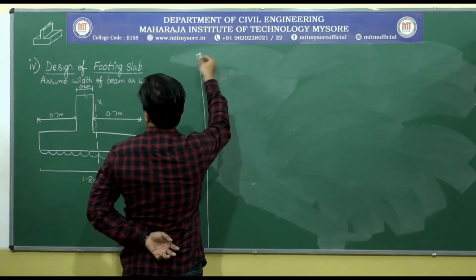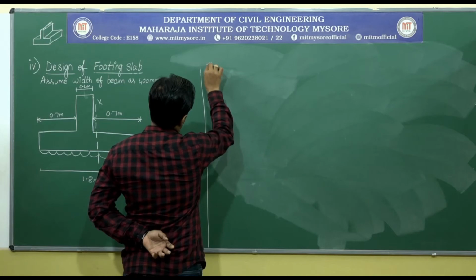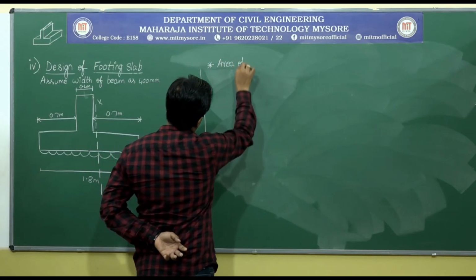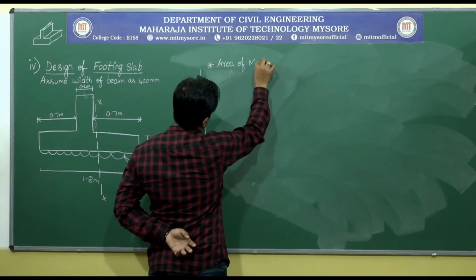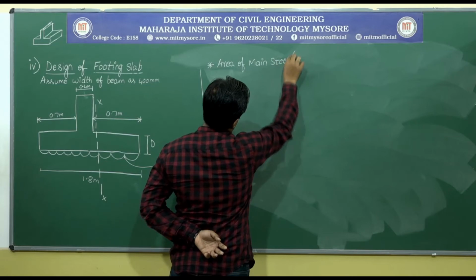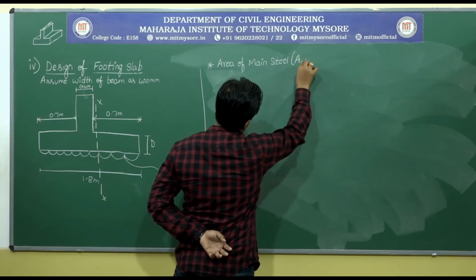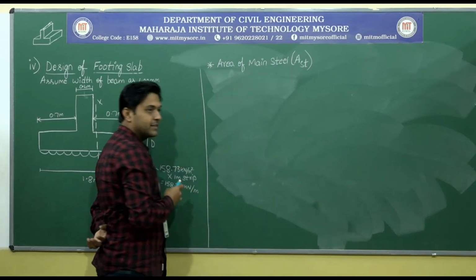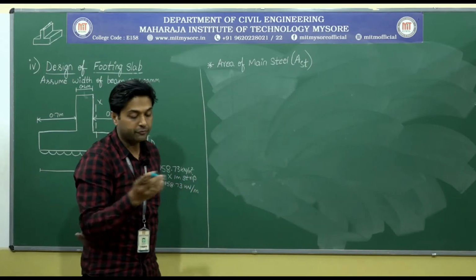So next one, under design of footing slab itself, area of main steel, that is AST. Okay, so how to calculate the AST? I think you people know the formula.